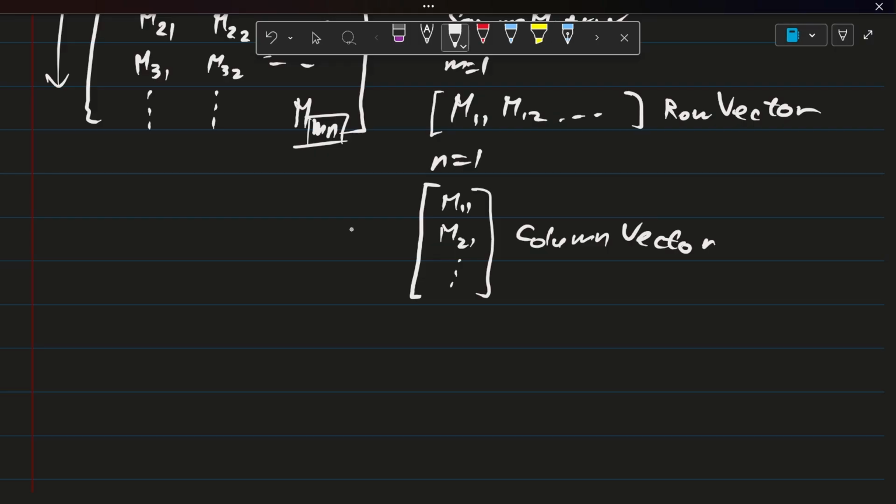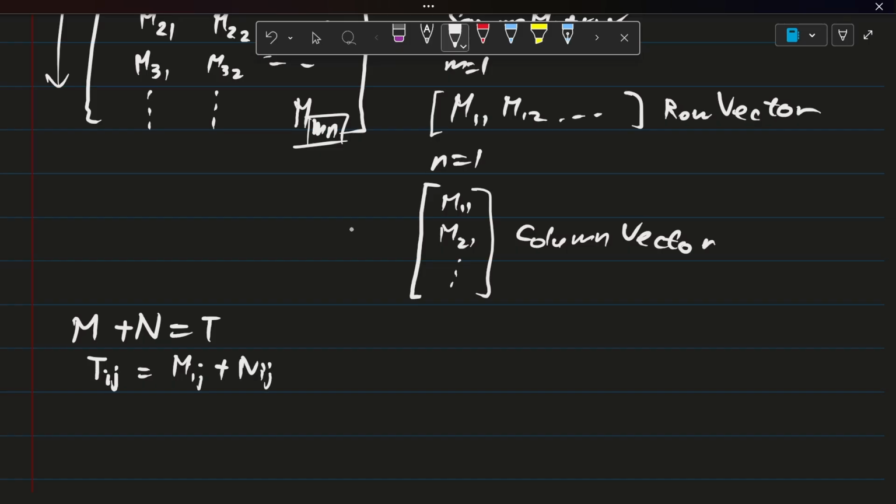Now, the way that you add matrices is very similar to how you add vectors. If you have M plus N, and this results in T, the entry at point i,j would be Mij plus Nij.